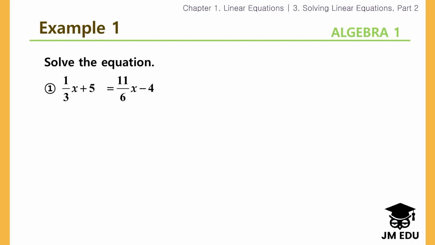So let's find the least common multiple of these two denominators. 3 is just a 3. 6 is 2 times 3, right? So our least common multiple is, we must have at least 1 2 and 1 3, which is 6, right? So we're going to multiply each side by 6.